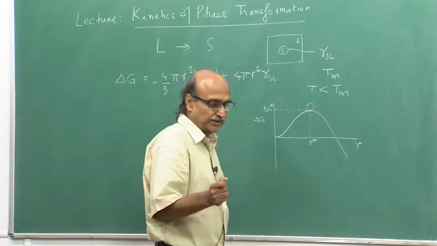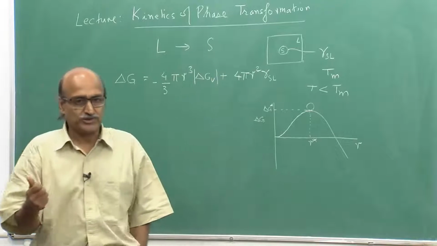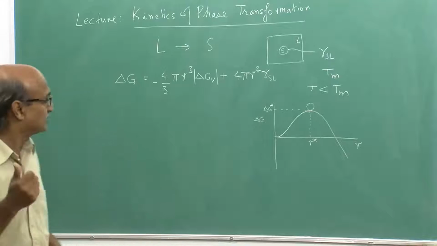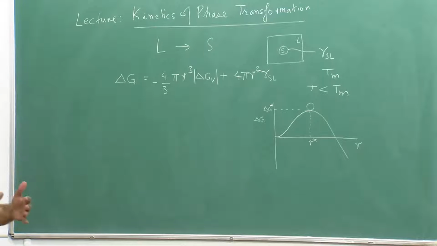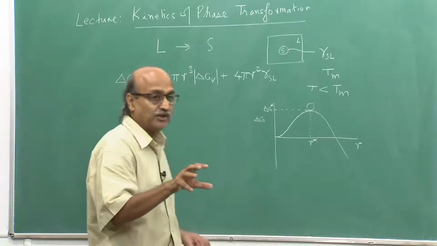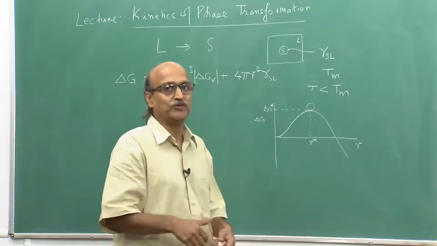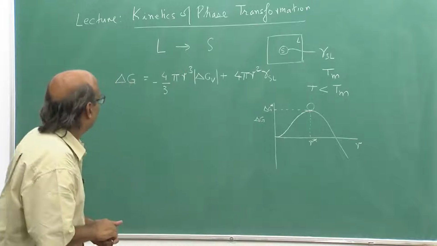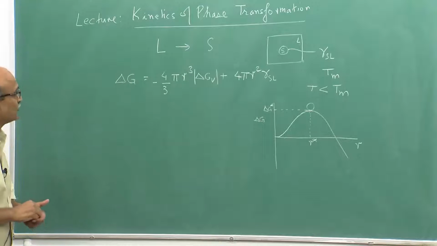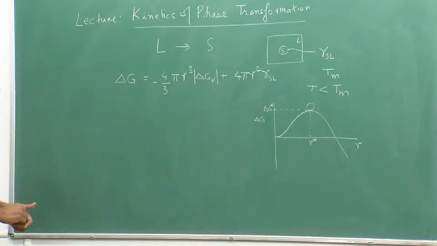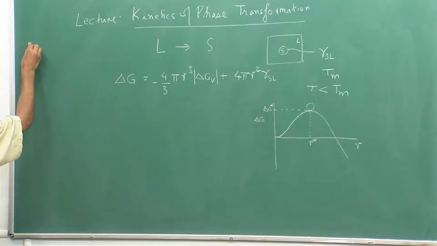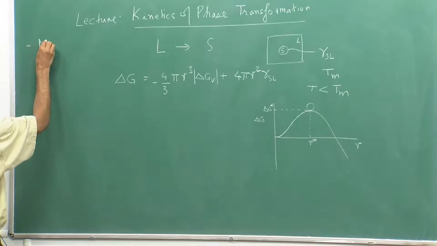That would govern the nucleation rate. Once we know what the nucleation rate is, then the second mechanism would be that these supercritical nuclei would begin to grow, so we have to look at the growth rate. So, therefore, in the kinetics of phase transformation, we have to consider two factors.